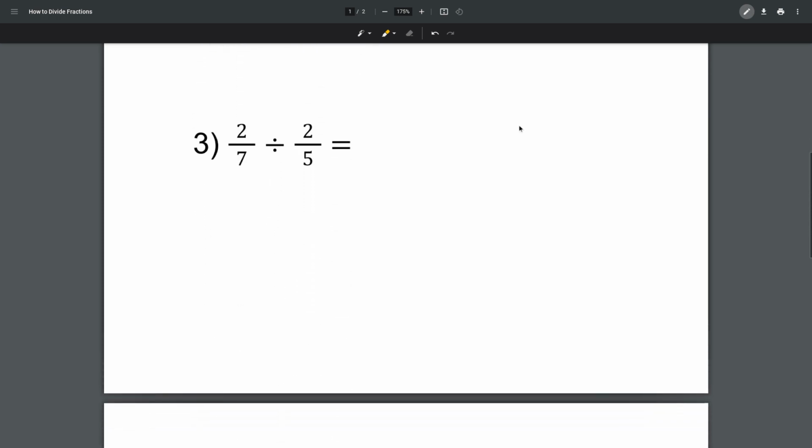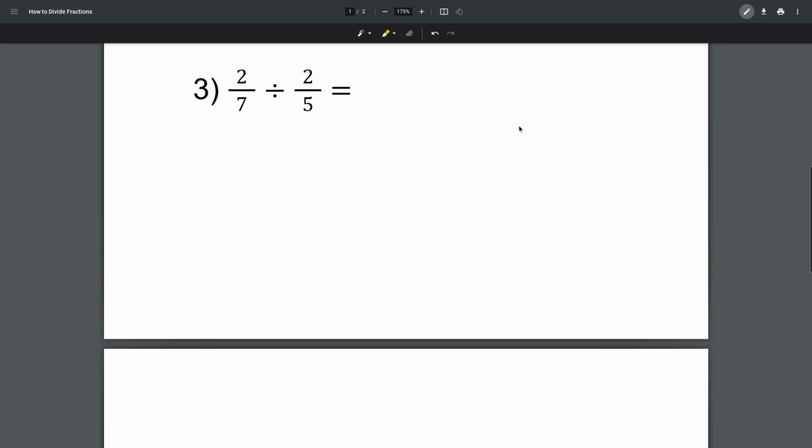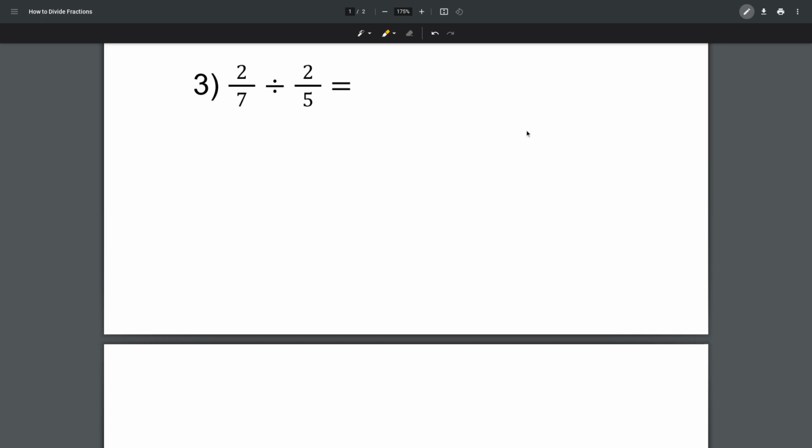All right, so let's look at 3. So we have 2/7 divided by 2/5. So maybe pause the video now and try it out. Okay, you good? All right, so we're going to write this as 2/7 times the reciprocal of the divisor, so times 5/2. You notice this one we can simplify a bit.